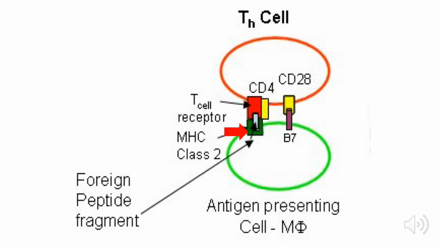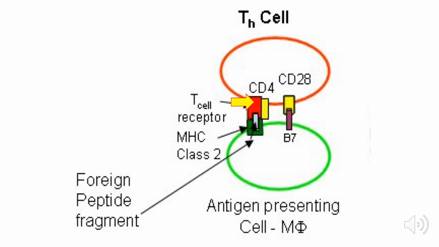Loaded on the MHC class II is the antigen. Take note, the antigen will be recognized by the T cell receptor, the red colored figure. And part of the T cell receptor is CD3. That's a marker of your T cell.